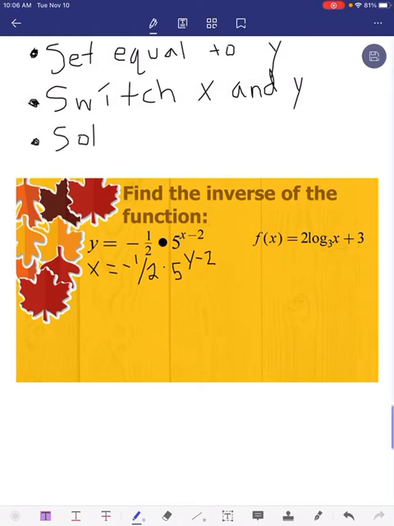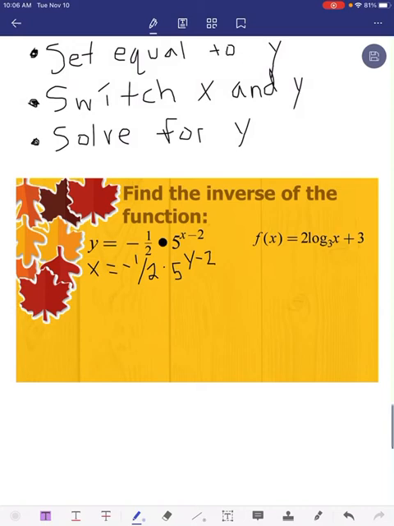Then we want to solve for y. So in order to be able to write it in logarithmic form, we need to have whatever is being raised to a power by itself. So our 5 is what's being raised to the power, so we need to make our 5 by itself. So basically we need to get rid of that front number first.